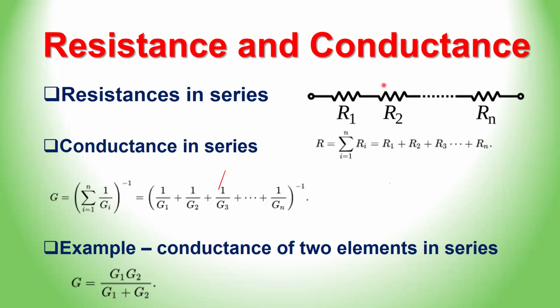So here we see an example where resistances are connected in series, starting from R1, R2 up to Rn.